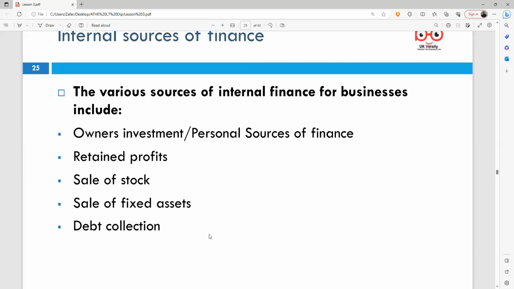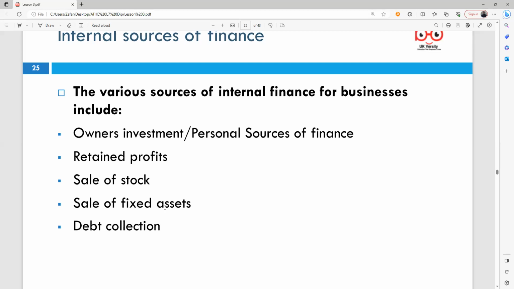The ones that you cannot recover from your own pocket, your own savings, your own investments or your own deposits, are known as external finances. The internal finances are cheaper and quicker. They are your own savings, your own money that you can take. For example, the company might have some savings.